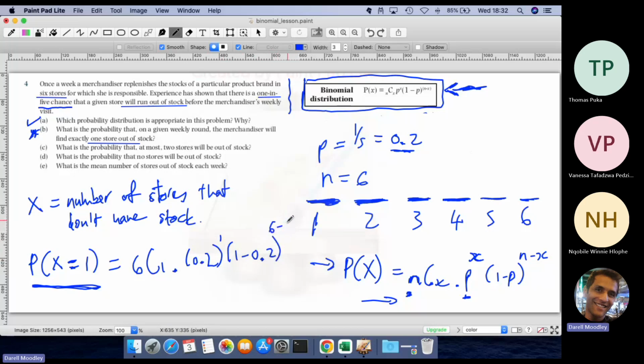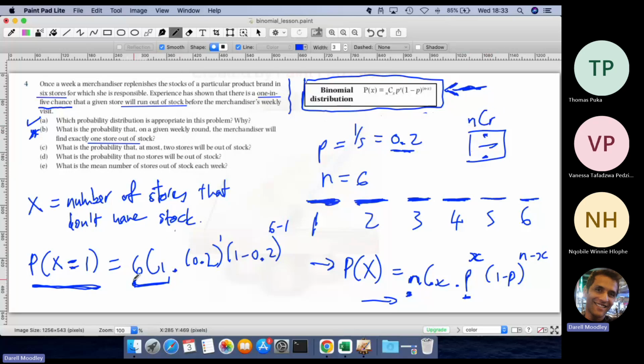Now, if you enter this in your calculator, and some of you may be wondering what this is here, this is what we did last week. This is combinations. If you look at the division button on your calculator, you'll see above it nCr.